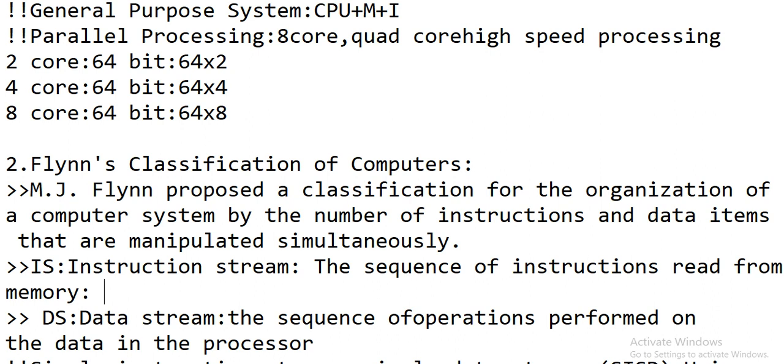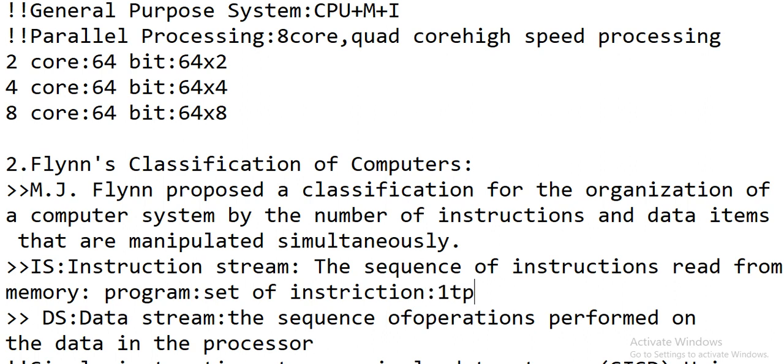Assume you have a program, and we know a program is a set of instructions. Assume your set of instructions is 1 to 10: this is your program size, 10 lines of code, and you have 10 instructions. If you are fetching the sequence of instructions 1 to 10 together, this is called the instruction stream.